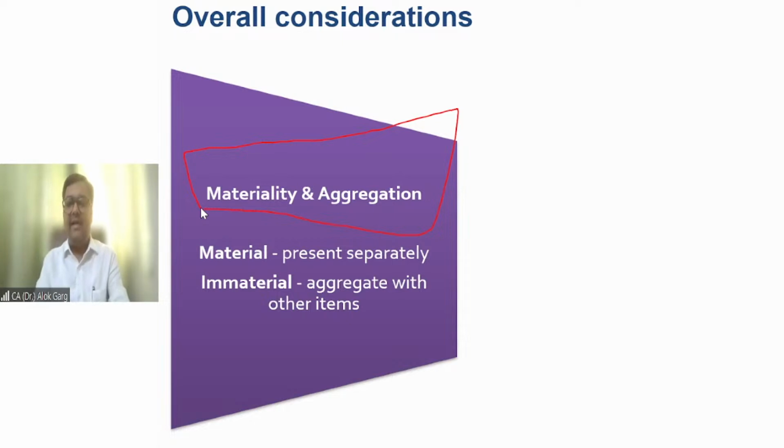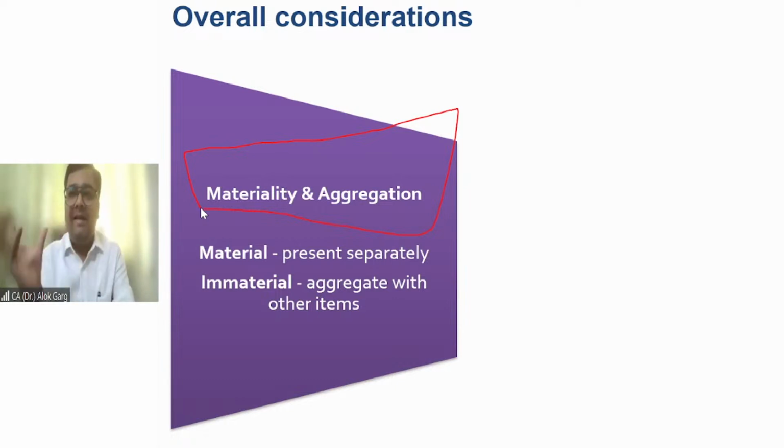So the standard says that all like items need to be aggregated. All like items. So you can see that there is revenue from operations of, let's say, 5 lakh crore. This is how all the line items have to be aggregated, right? Understood?